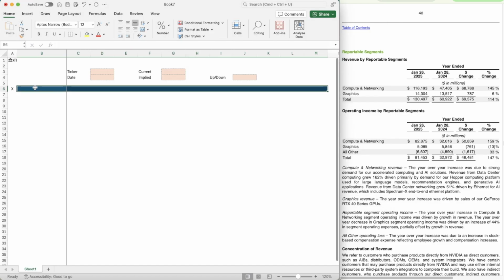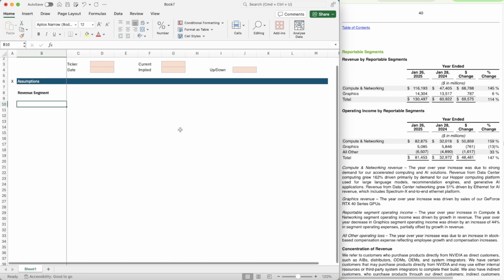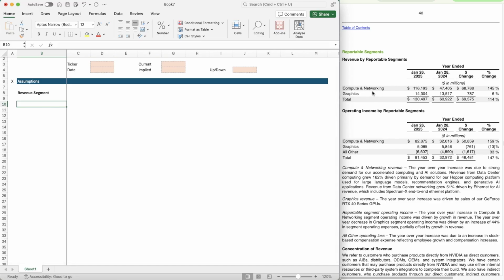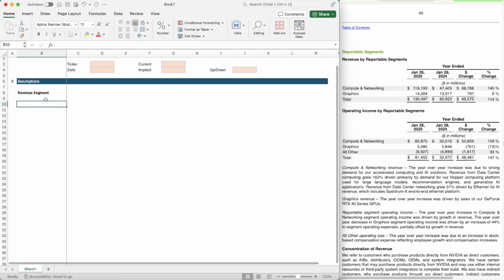We go. And this section is called assumptions. This will allow us to simulate between different scenarios for the revenue segments and the operating income, which is the EBIT. The two revenue segments are this one, compute and networking, and graphics.